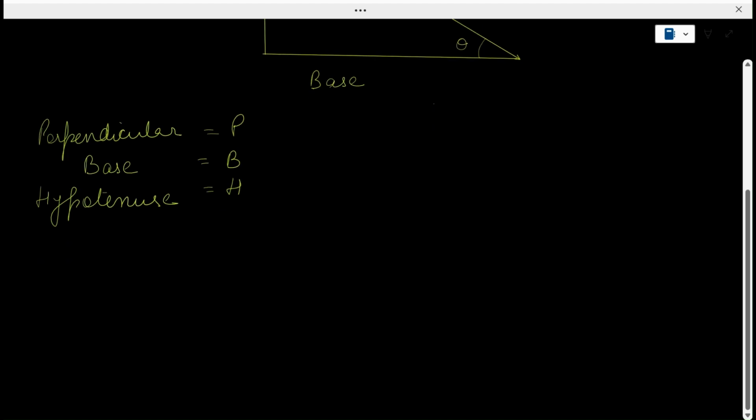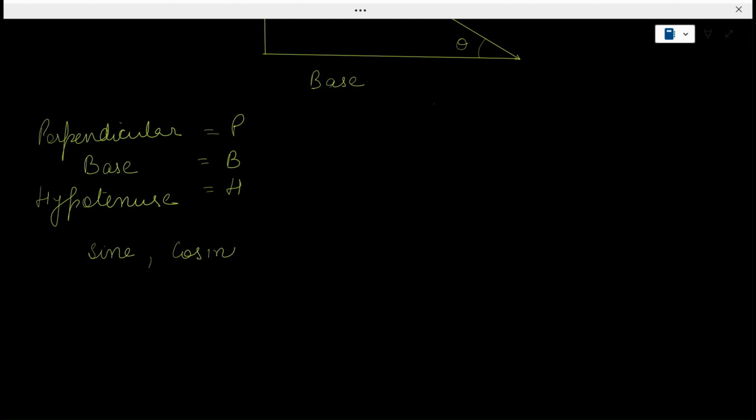As we have studied the very basic angles, that are sine, cosine, and tangent, let us first take these and see how they are related in a right angle triangle. You must be knowing the Pythagoras theorem.